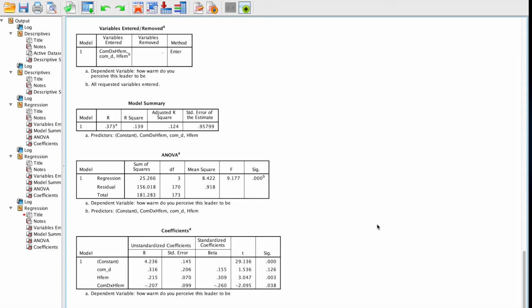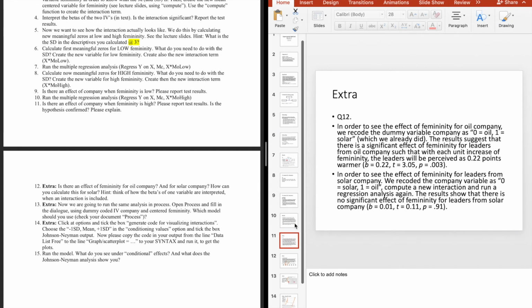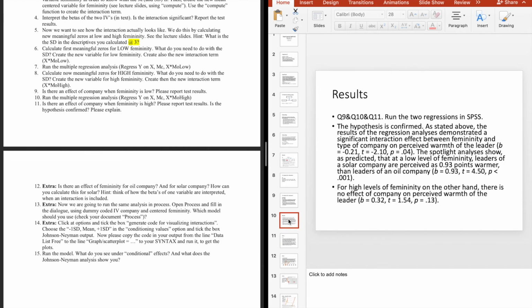Okay, so this is exactly what our hypothesis is about. So the interaction is significant, and then we interpret the interaction based on our prediction, and it's supported. So like I said, the hypothesis is confirmed.